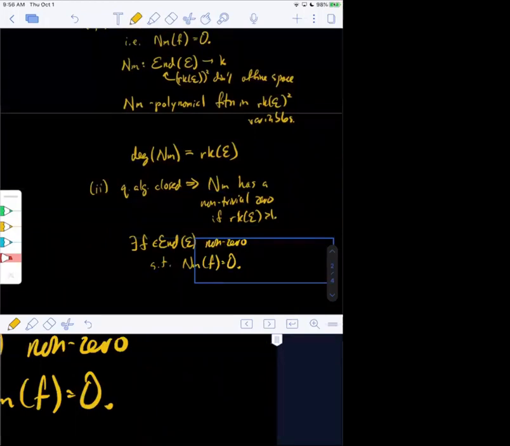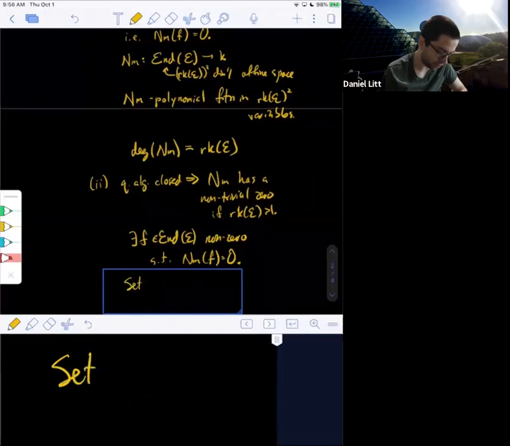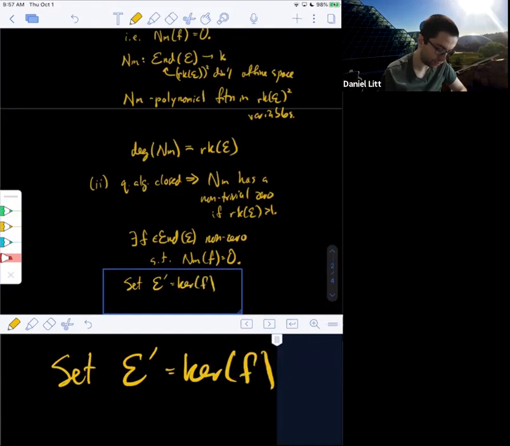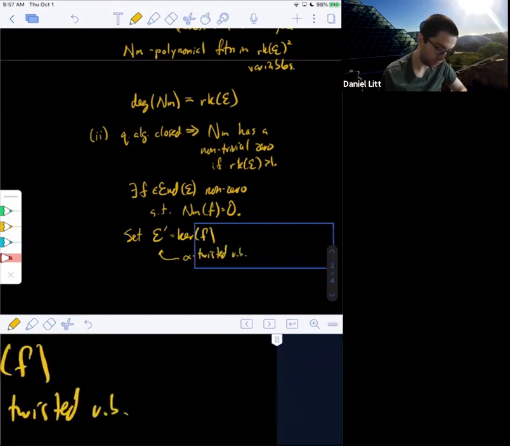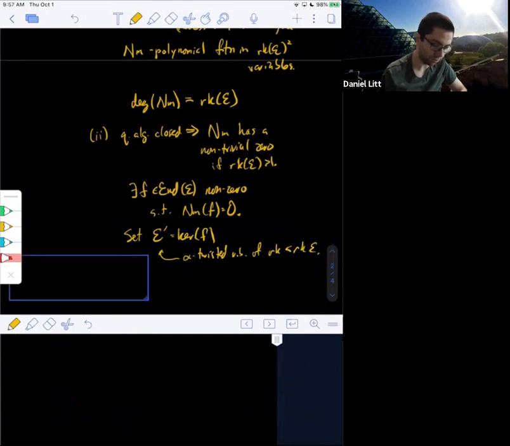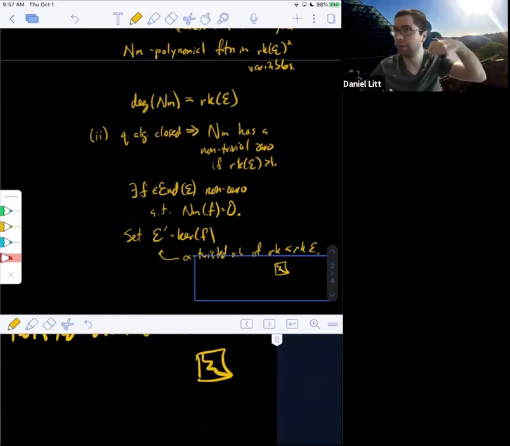Yes. Great. Okay, and now what we can do is set E prime, for example, to be the kernel of F. And this is an alpha twisted vector bundle of rank less than the rank of E. Okay, and now we're done. Our original idea says that as long as we have rank at least 1, we can find a subbundle of lower rank and keep going until we get to a line bundle.